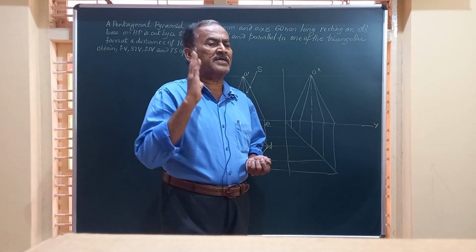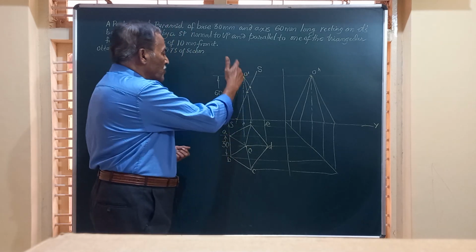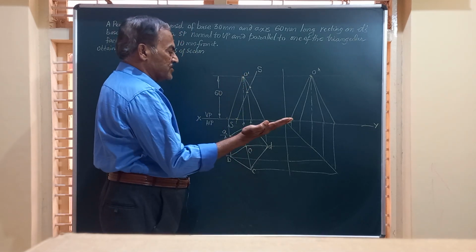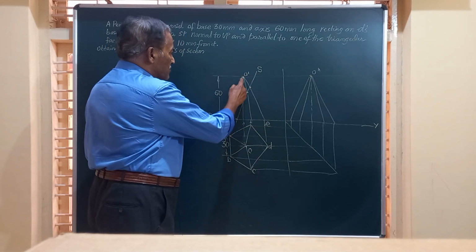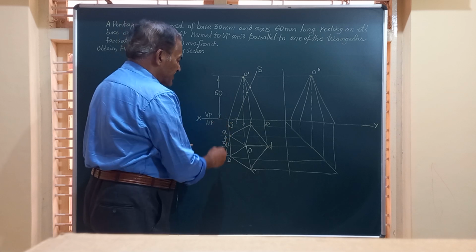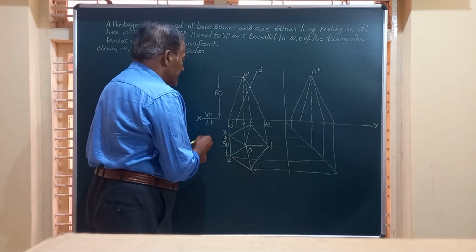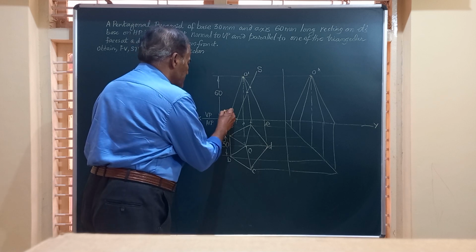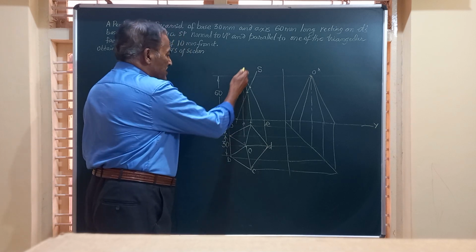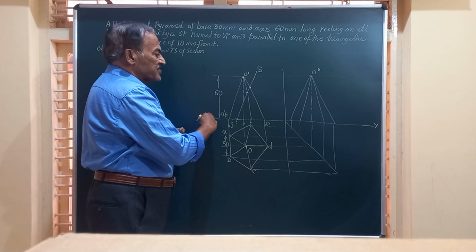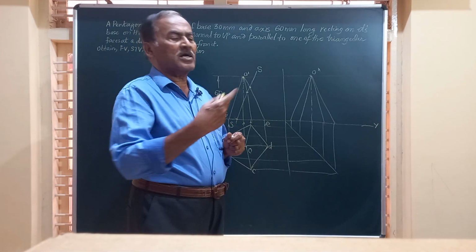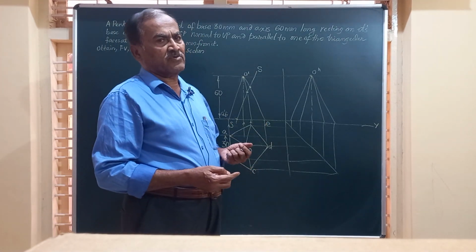So since it is a pentagonal pyramid, I am going to place the pyramid on HP such that one of the triangular faces, for example, say OAB, which is represented as O dash, A dash, B dash, will come either to the left side of the observer or to the right side of the observer.